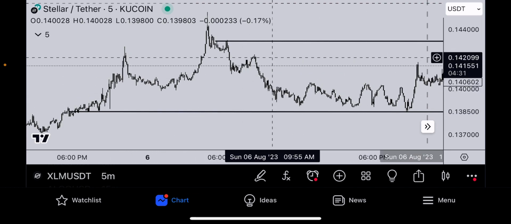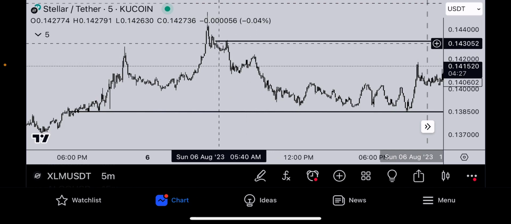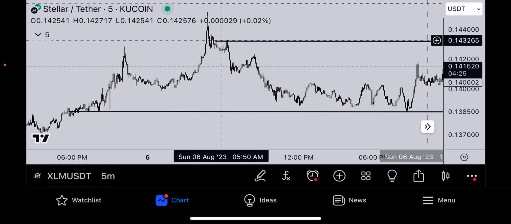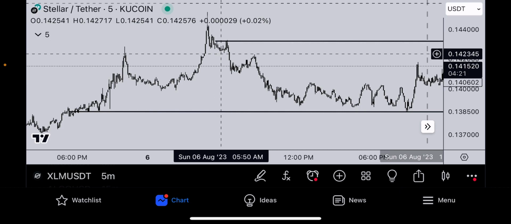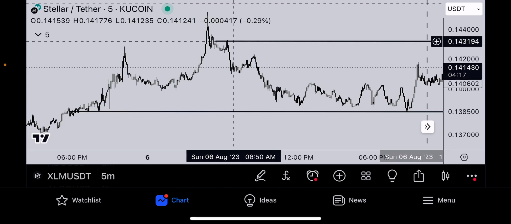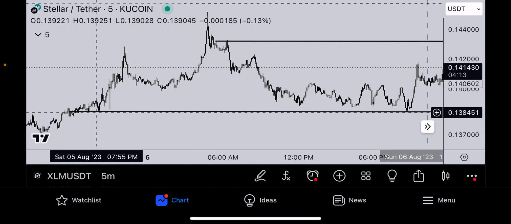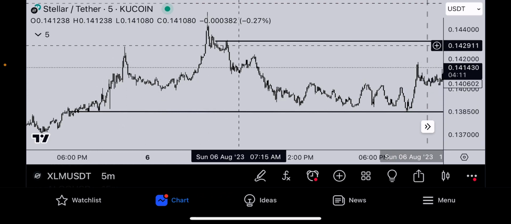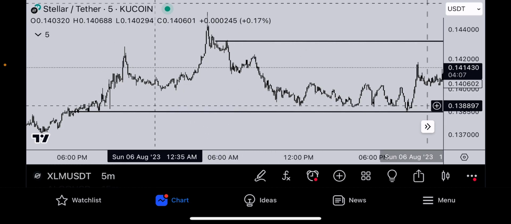Now, what I'm always looking for is liquidity, and where liquidity usually resides is where you can find double tops, interval double tops, also known as equal highs or equal lows. So I placed a line on the equal high, a line on the equal low.